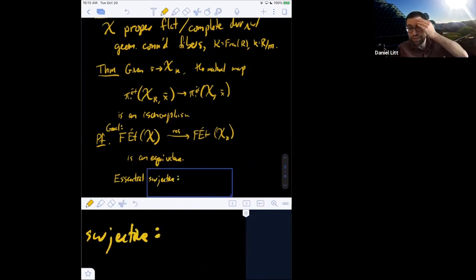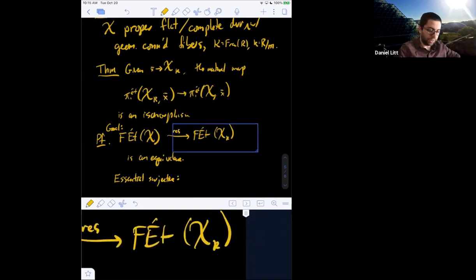So okay, why is this functor essentially surjective? In other words, given a finite étale cover of X_k, we want to make a finite étale cover of X. And the picture you should have in mind, and I think this is a good picture to have in general, is a family over a DVR.